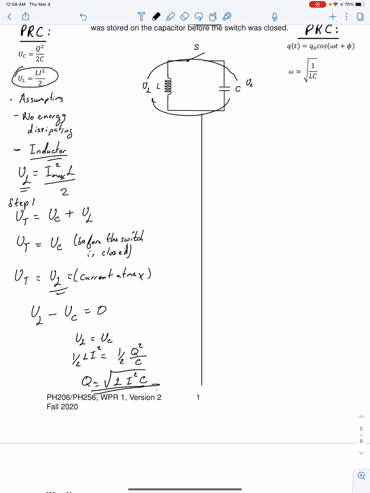And that will have the answer for you for the charge in the LC circuit.